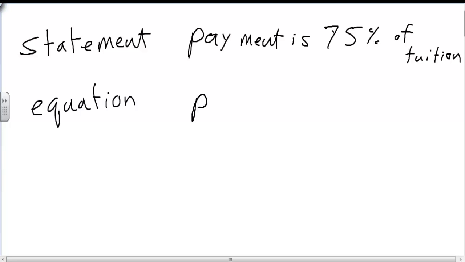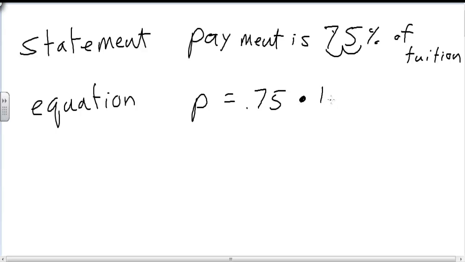Payment I'll call P. "Is" is interpreted as an equal sign. I want to use 75%, but I can't use percentages in my equation, so I'll change it to a decimal by dividing by 100, the effect of which moves the decimal point 2 spaces to the left. So 0.75. "Of" is interpreted as multiplication, and tuition was given to us.